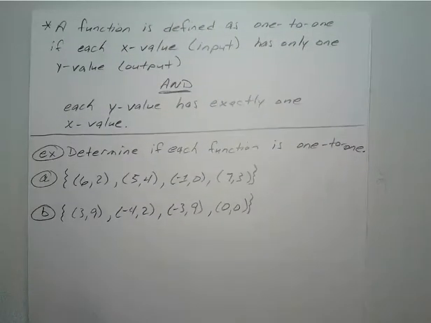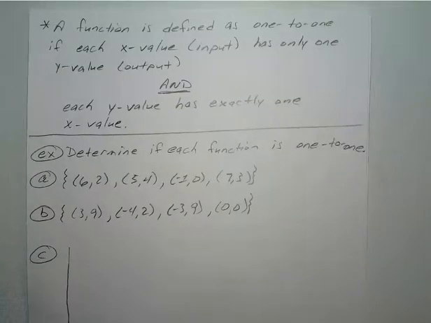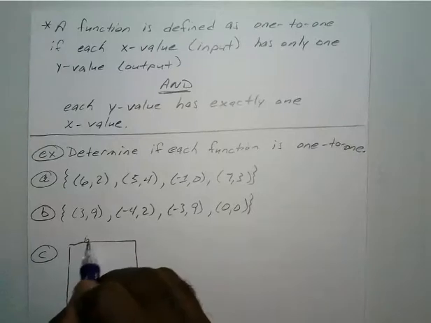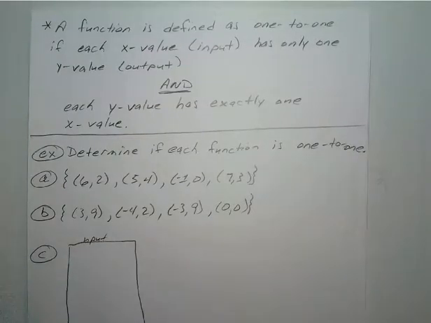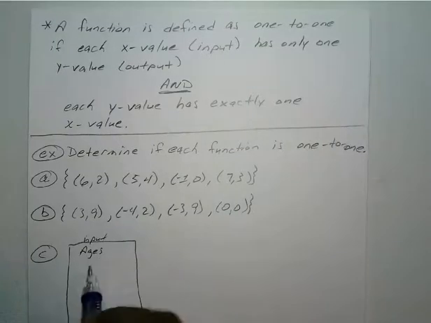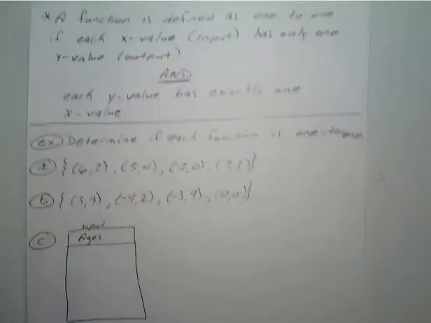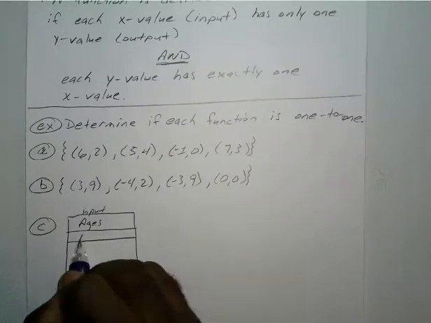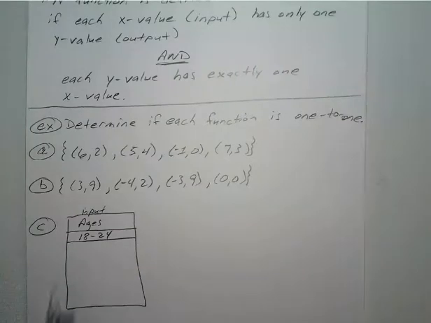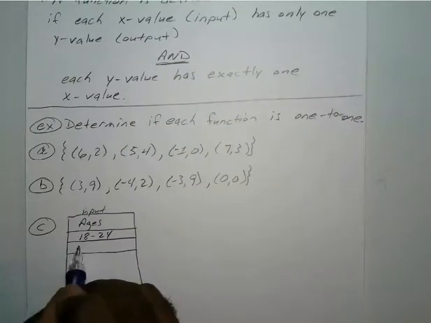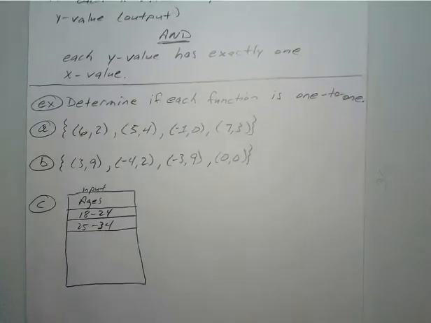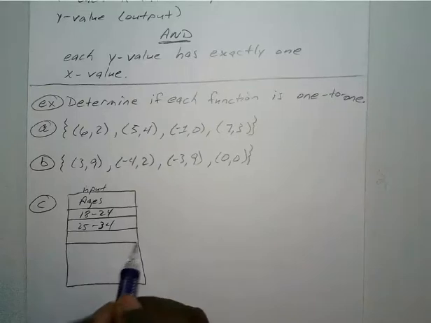And let's say for problem C, we mix it up a little bit. Okay, we have our input. Let's say your input will represent ages. Let's say first you have 18 through 24. Say 25 through 34. Say 35 through 44.